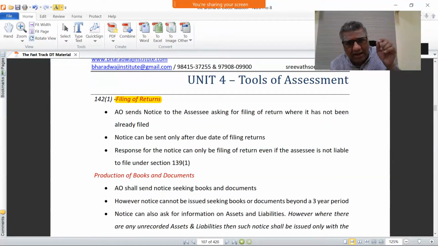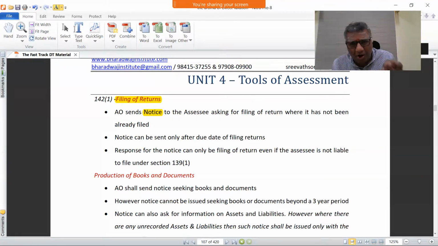If he has already not filed, assessing officer sends a notice, information only: my dear friend, you have not filed, please file your return. AO sends the notice asking for filing of return where it has not been filed. And it will be sent only after the due date.